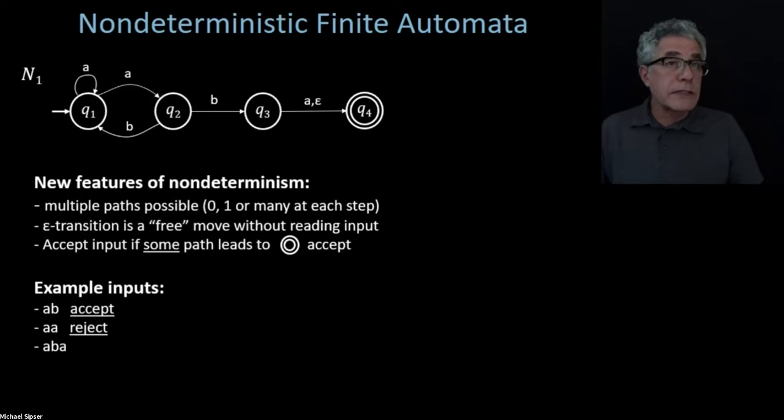So no matter what comes in after you're in state Q4, that branch dies. But on Q3, which is another one of the possibilities, reading an A, it can follow along the loop transition, because one of the labels on that transition is A. So you can follow along the loop transition when reading an A, which is the last symbol in the string. And so now after ABA, you are in only state Q4 as a possibility, but that happens to be an accept state, so the machine accepts.